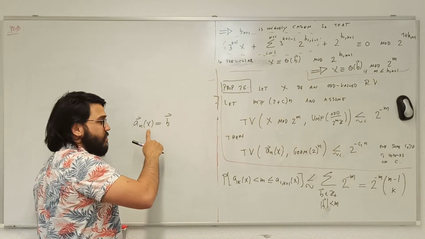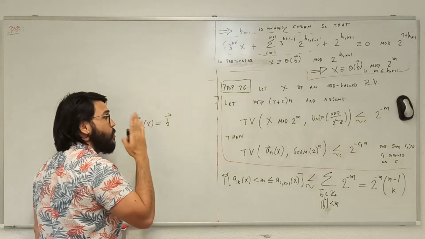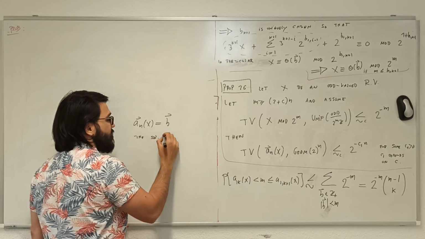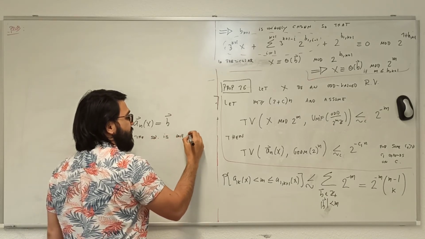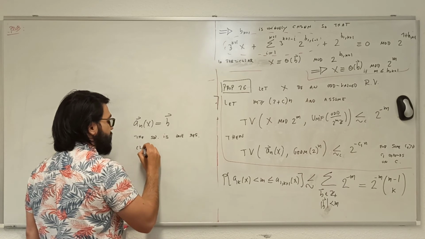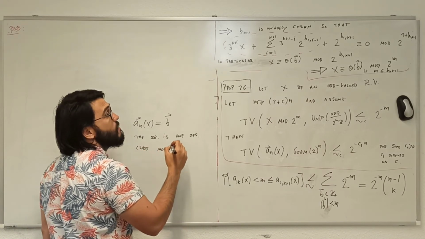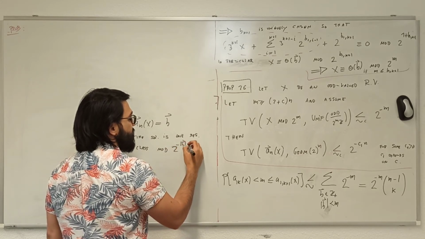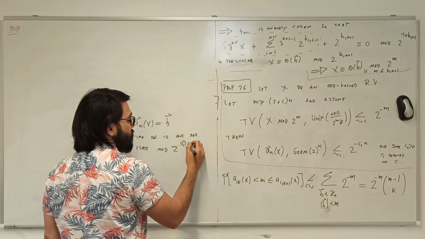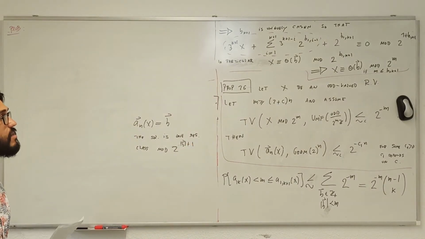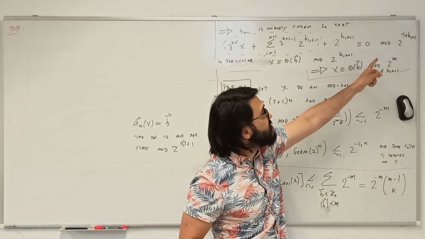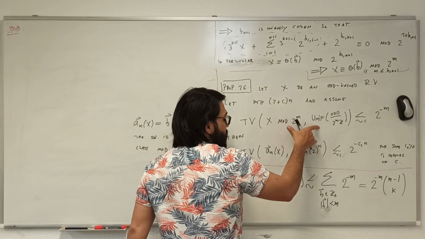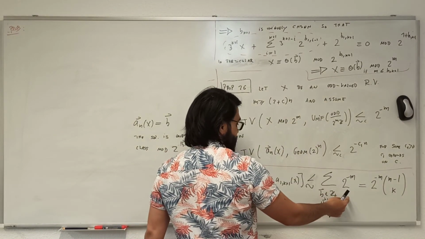So the solution is exactly one residue class modulo 2^{b+1}. That's what we did, which is exactly what this is saying. Using that, from this bound we were able to derive this tail bound.